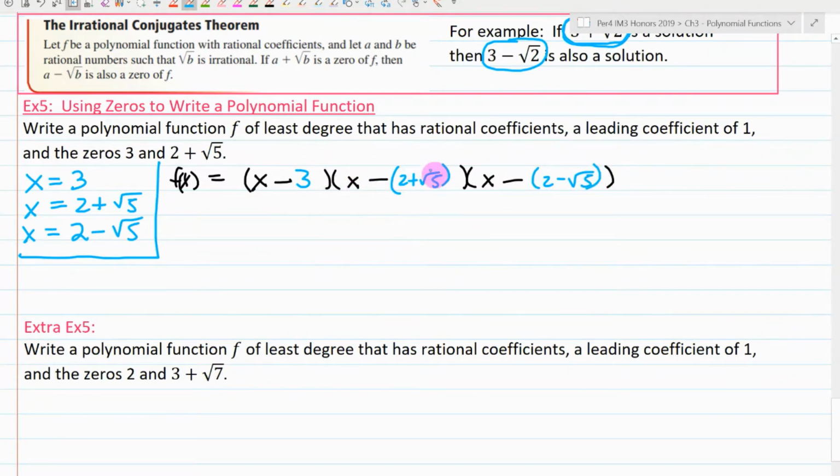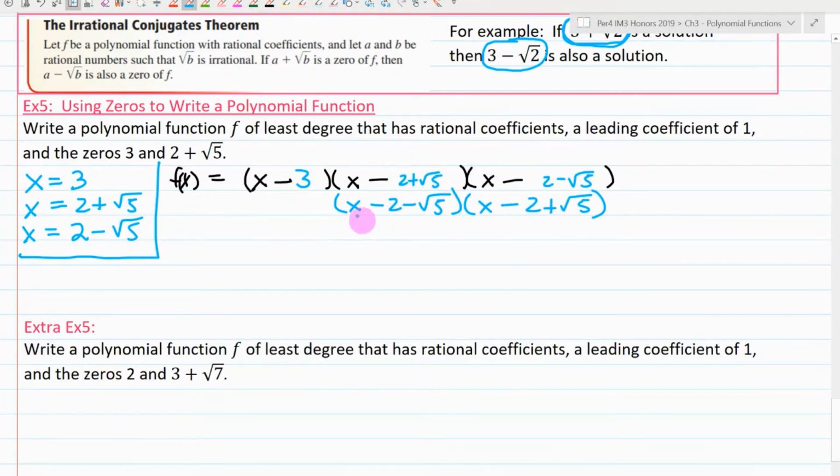What happens is if I distribute here, this becomes x minus 2 minus radical 5, and this becomes x minus 2 plus radical 5. So it's the same thing as if I just got rid of these parentheses because they become each other, but really they should be in parentheses.